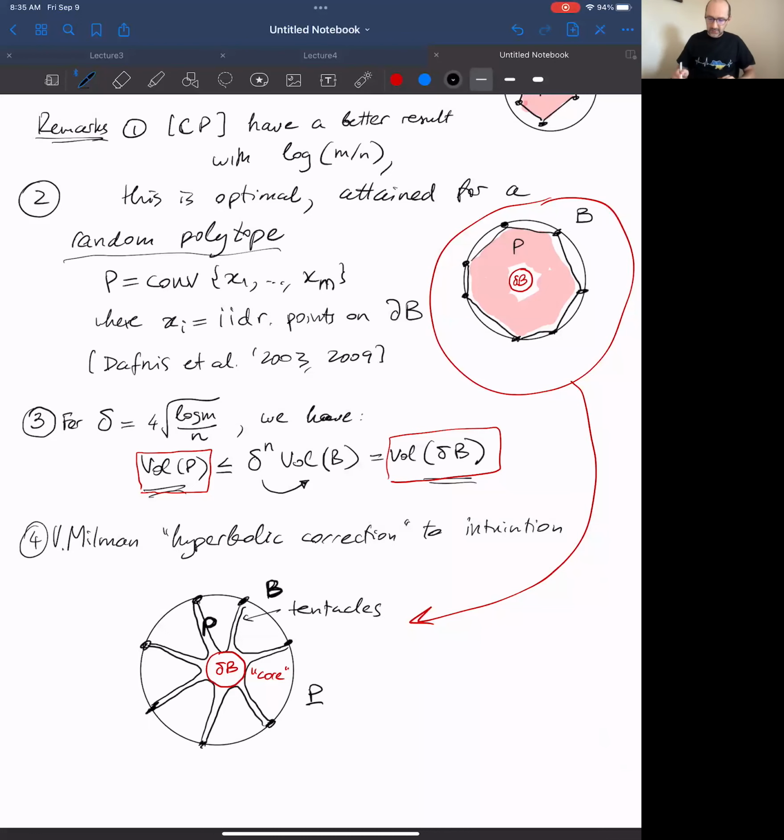So we give up visualizing convexity, but this way we visualize volume distribution better, volumes better.